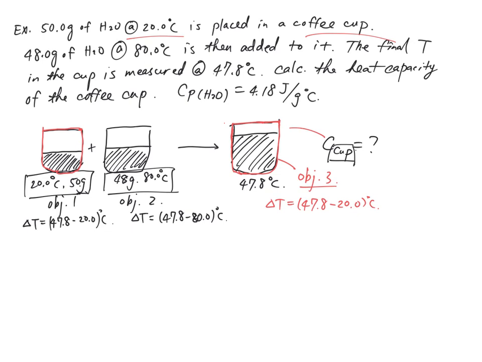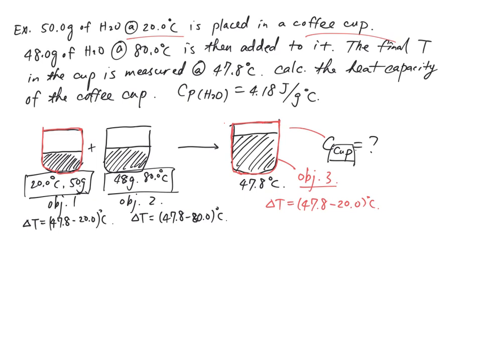Now, how do we do this calculation? Don't forget, for all your heat change problems in this class, you have to have an isolated or insulated system. Only within an insulated system can you stop worrying about losing heat to the environment, because the environment doesn't exist in this case.